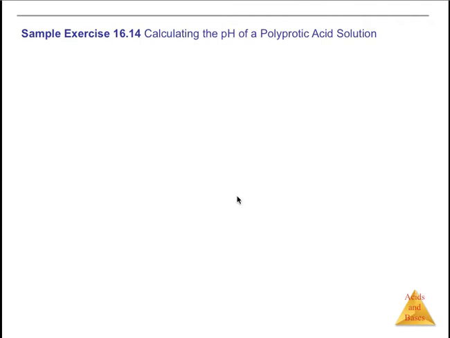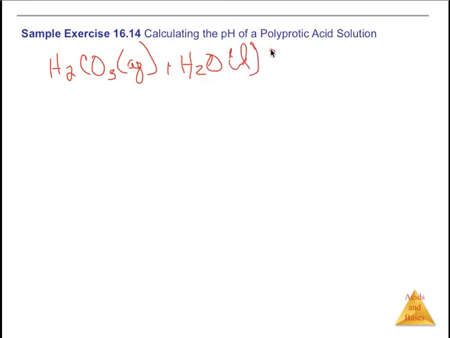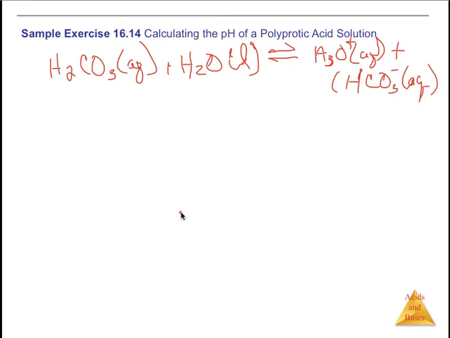What I wanted to do first, I'll just use this as a blank page. Say I have carbonic acid. In solution, meaning if there's water present to react with it, it's going to set up an equilibrium where it reacts with the water to form the hydronium ion and the hydrogen carbonate ion.